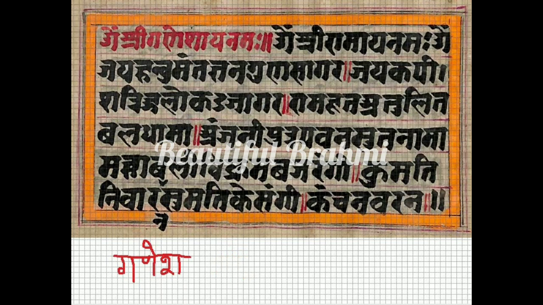Now, coming back to our text, the first symbol which we see in our text is Om. The form of Om is once again significant over here. The reason being, in Devanagari, Om is typically written with a Dirgha U and a Chandrabindu on top of it.